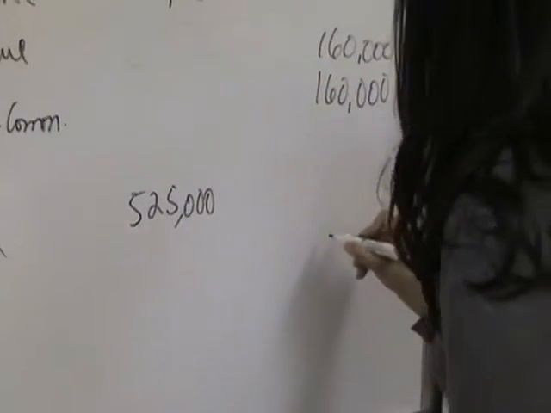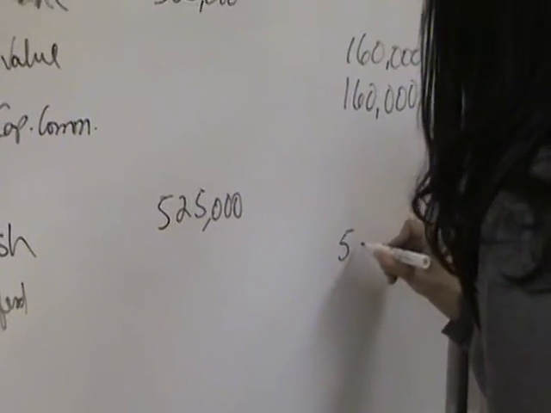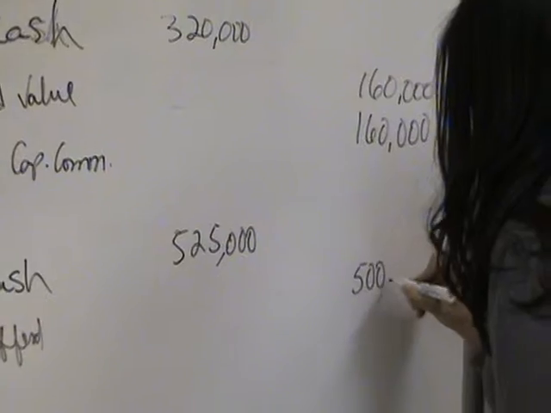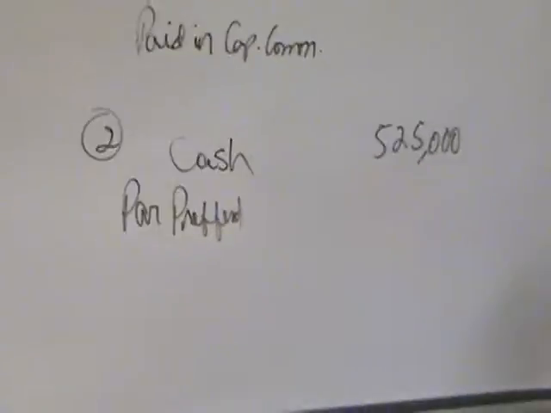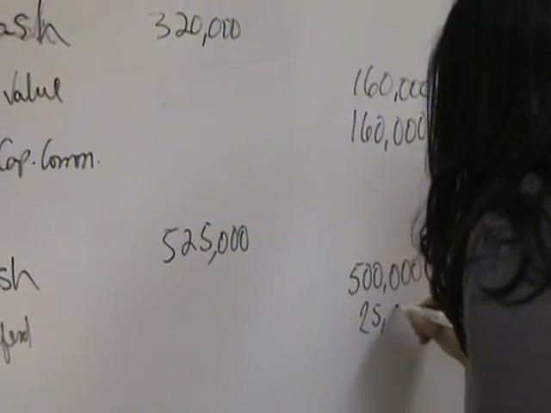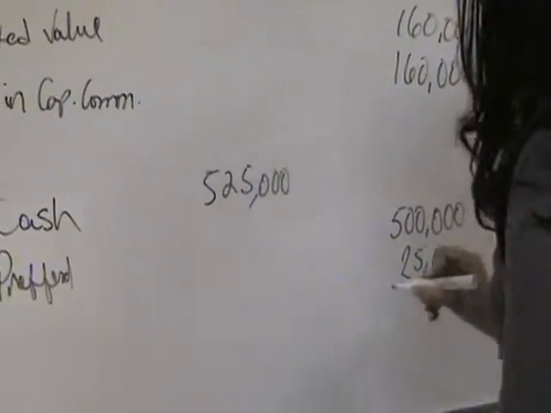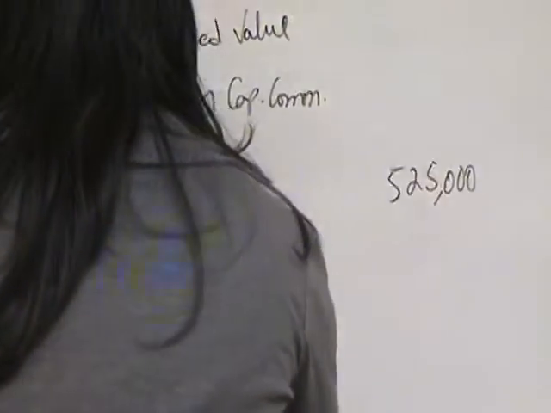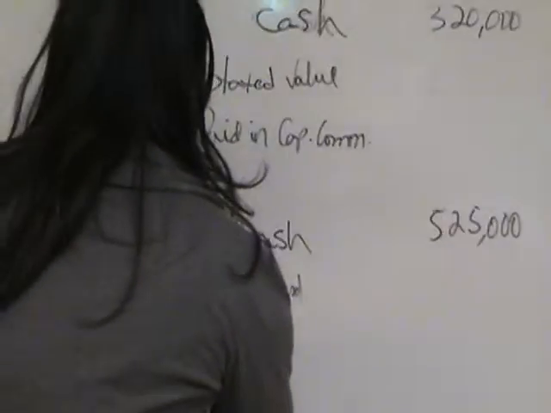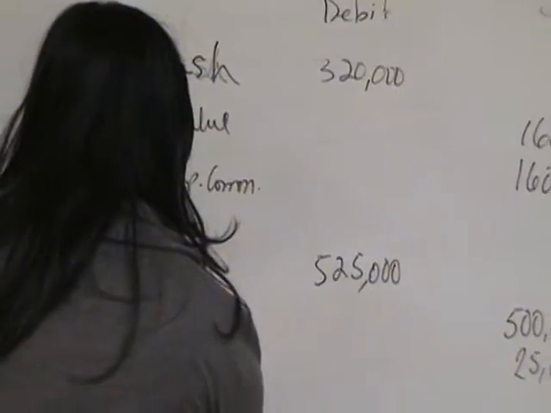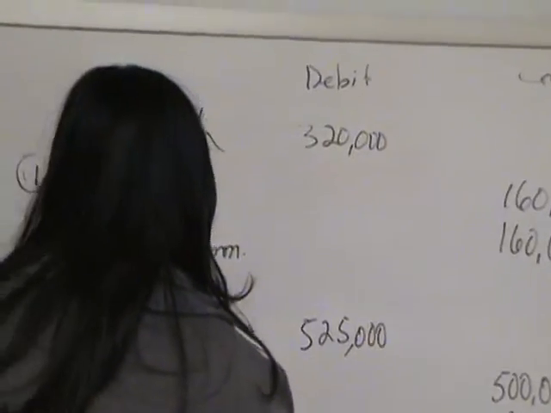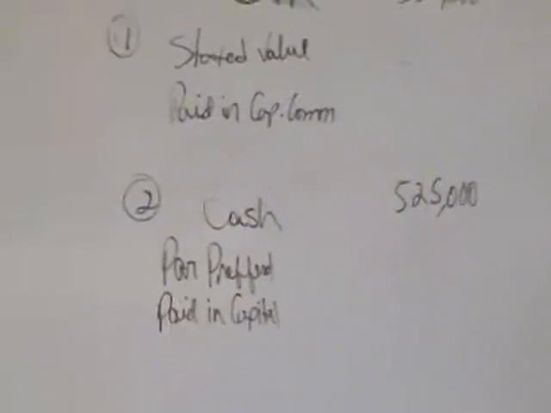The reason is 5,000 times 100 is 500,000, and the difference is 25,000, which is going to be paid in capital. That's okay. And paid in capital for the 25,000. That's the correct journal entry.